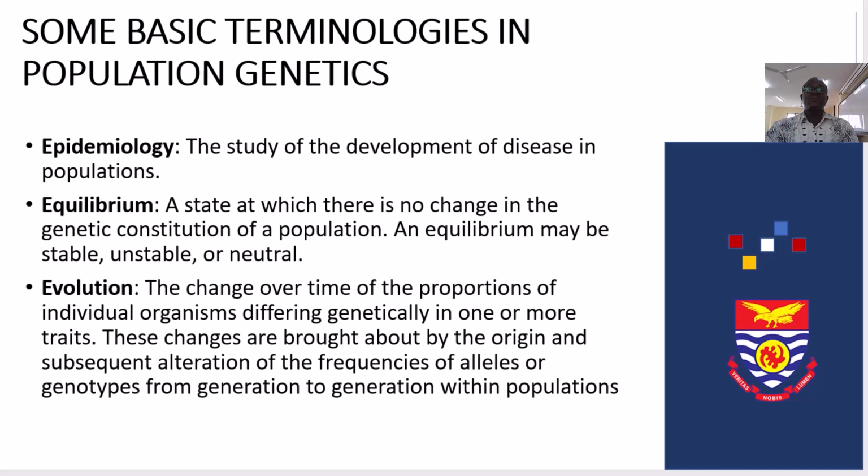Epidemiology: the study of the development of disease in populations. Equilibrium: a state at which there is no change in the genetic constitution of a population. An equilibrium may be stable, unstable, or neutral. Evolution: the change over time of the proportions of individual organisms differing genetically in one or more traits. These changes are brought about by the origin and subsequent alteration of the frequencies of alleles or genotypes from generation to generation within populations.